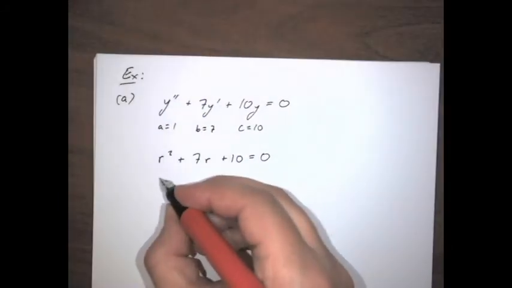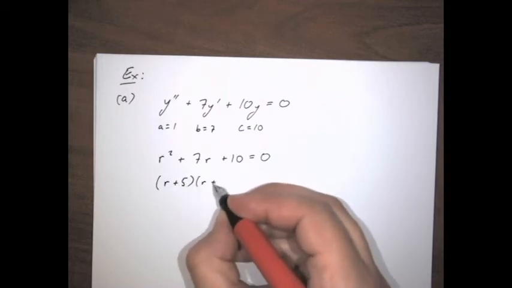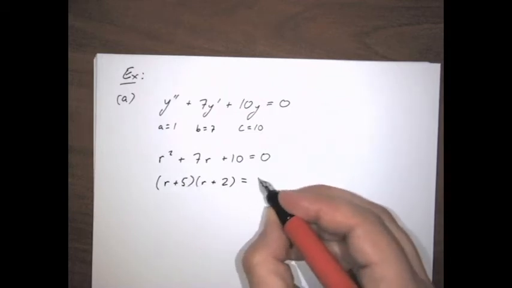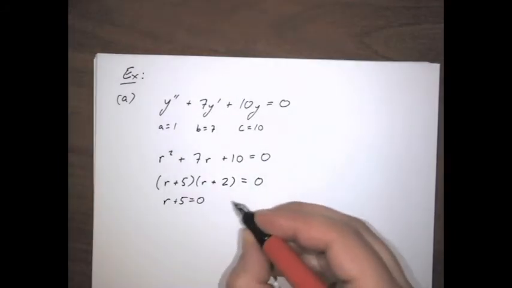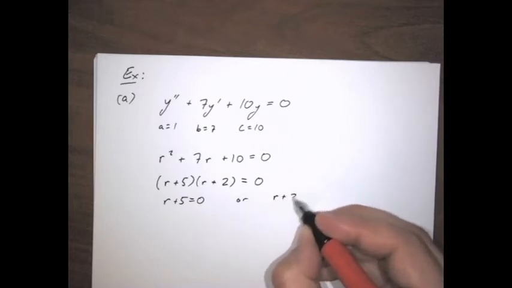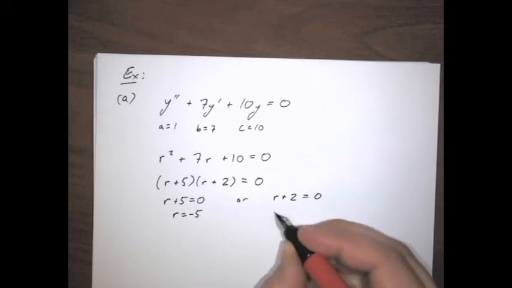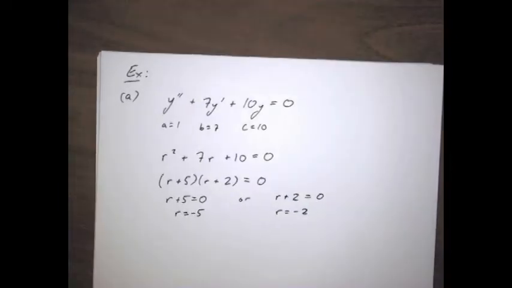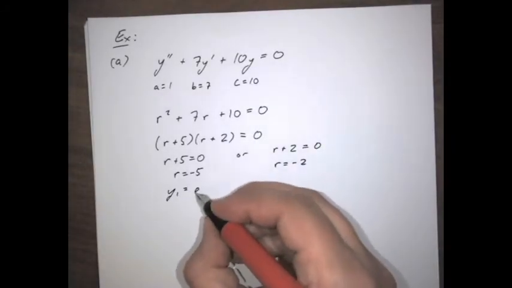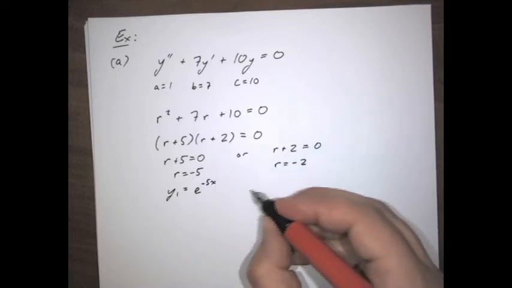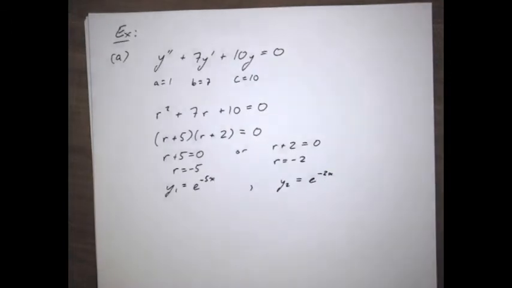which is then going to give me the two factors, r plus 5, r plus 2 equals 0, which is going to give me r plus 5 equals 0, or r plus 2 equals 0, which gives me r equals negative 5, or r equals negative 2, which gives me as the two branches of the solution here, y1, which equals e to the negative 5x, and y2, which equals e to the negative 2x.